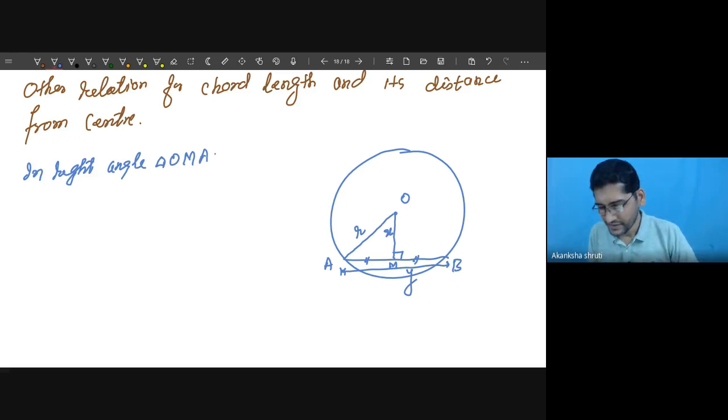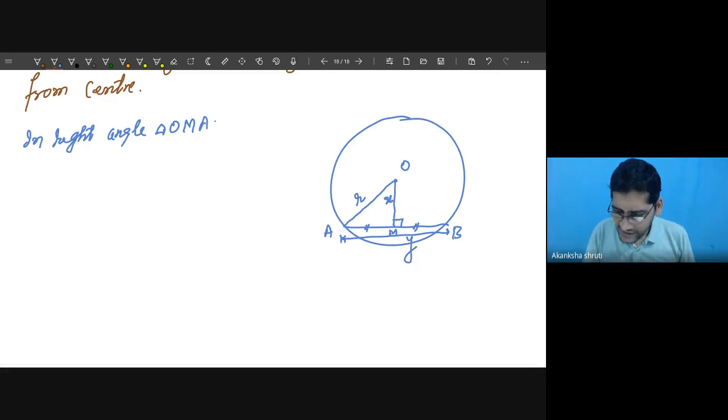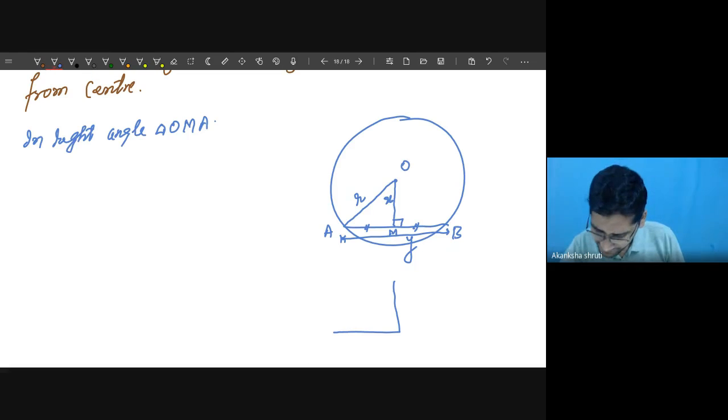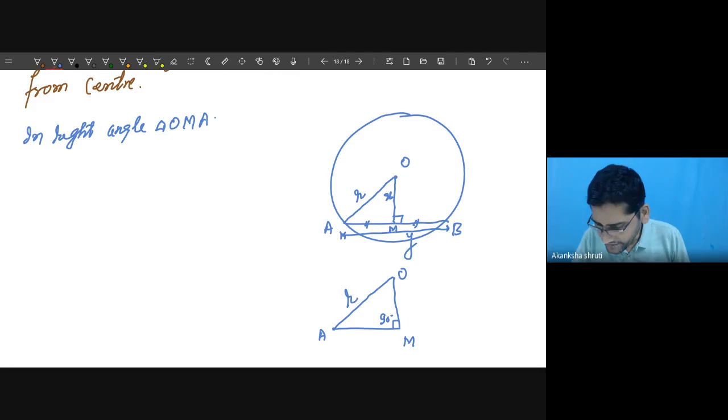Let us draw it once again. The point is O, this point is M, this angle is 90 degrees, this point is A. OA is our radius, OM is our distance, length X.